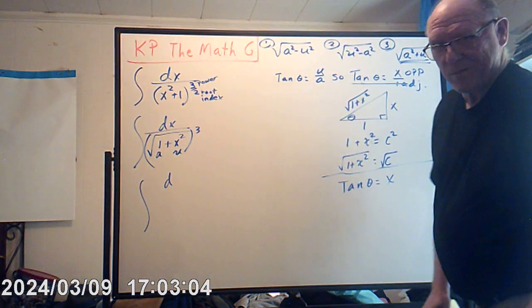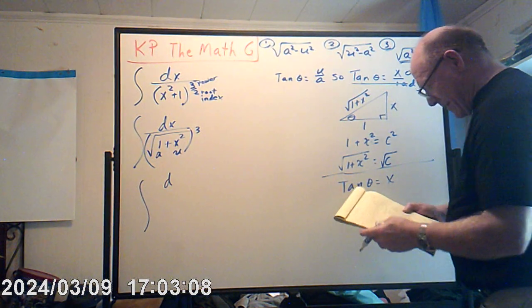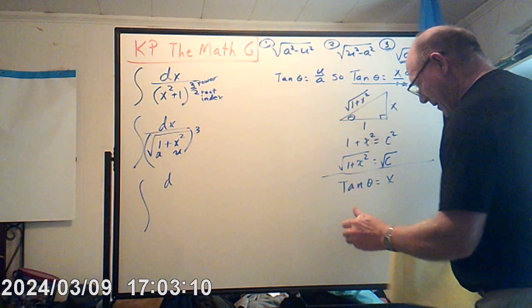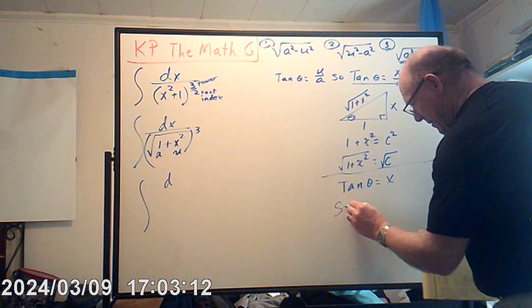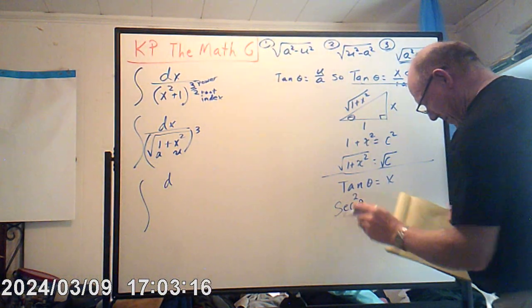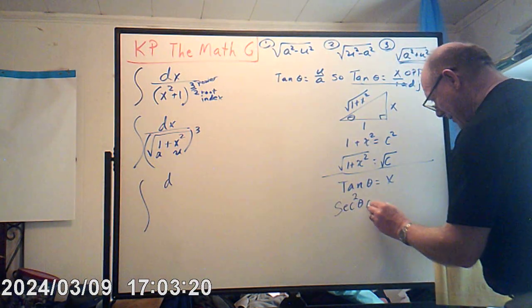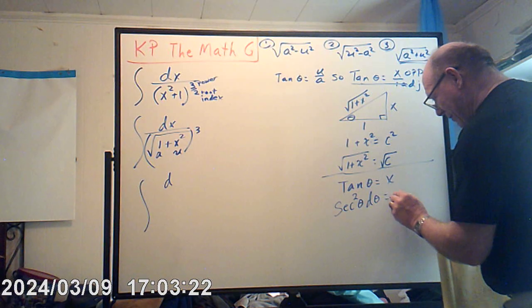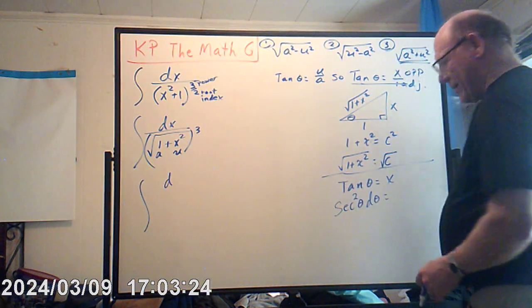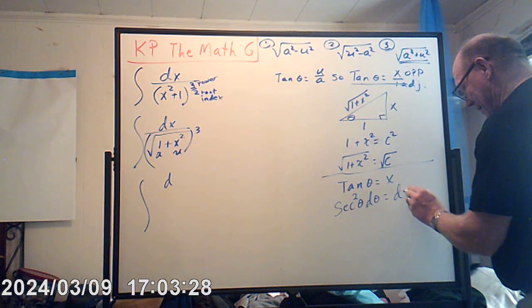I almost forgot that part of it. Then the derivative of tangent is secant squared theta d theta. We got to know the derivative of tangent is secant squared, and this side is dx.